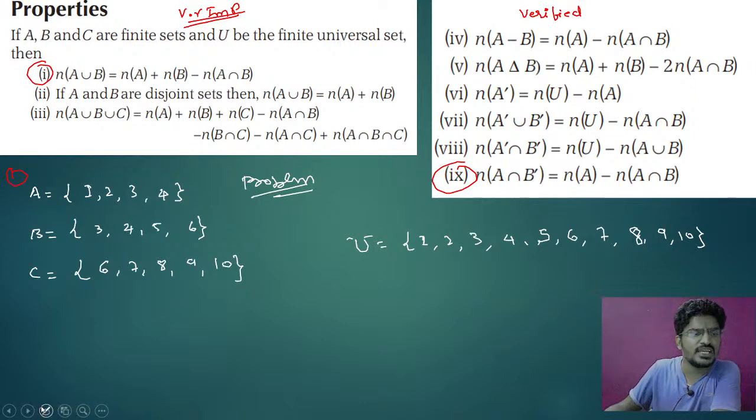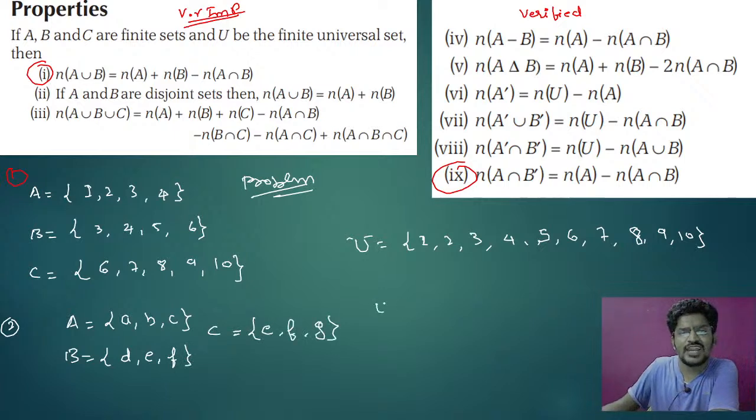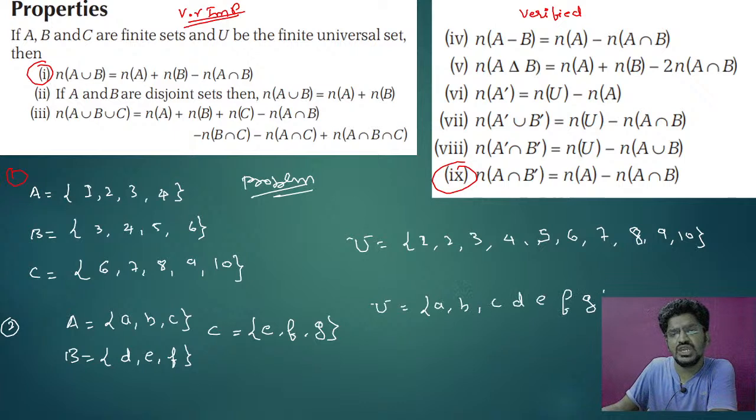Like this, you can take a second problem also. Set A equal to {a, b, c}. Set B equal to {d, e, f}. Set C equal to {e, f, g}. Now I'll write U as {a, b, c, d, e, f, g, h}.